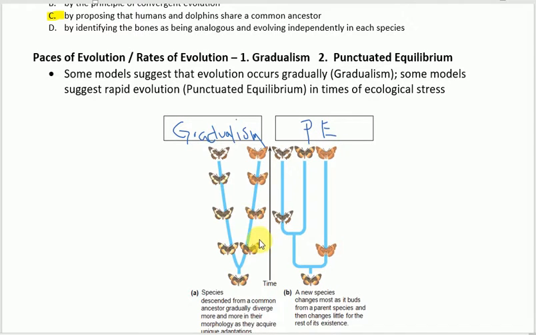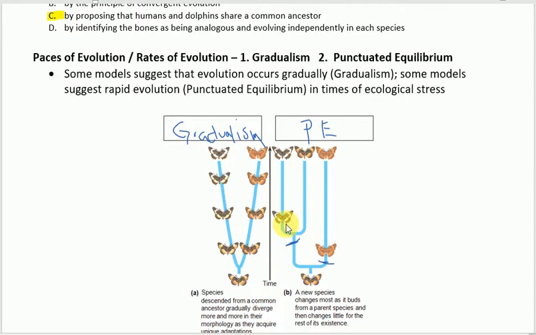So you can see that this change right over here is gradually happening. Versus here, we start with one butterfly, and then something happens right here, causing a change. Something happens right here, and it's causing a change.